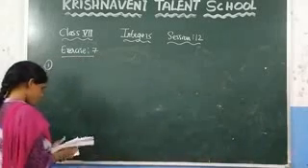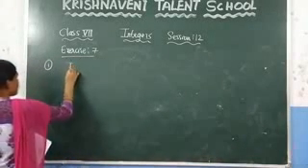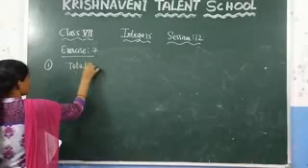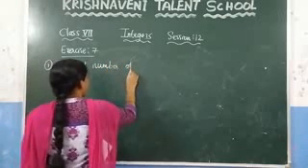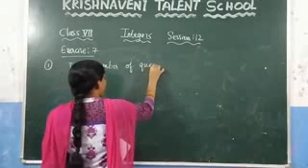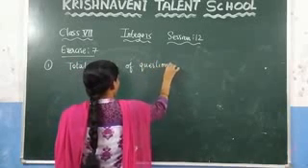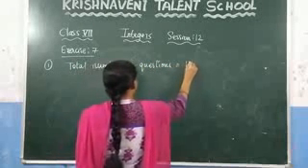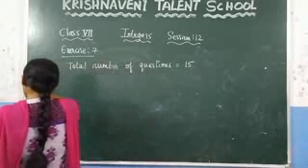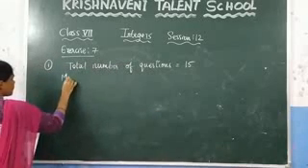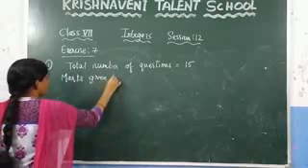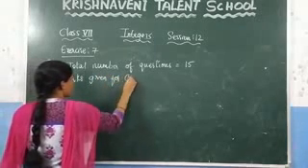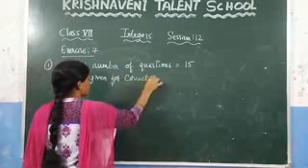So how can we write this one? The total number of questions: how many total number of questions are there? 15. And marks given for correct answer.